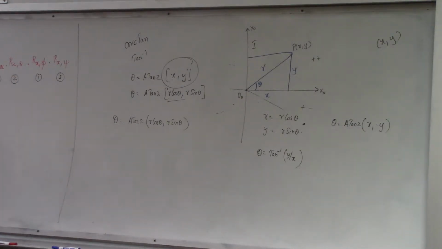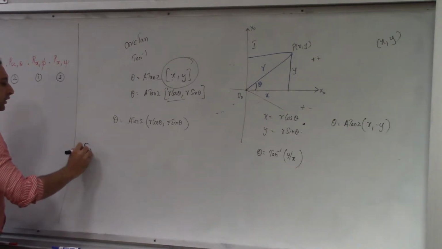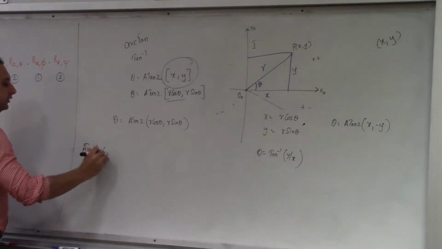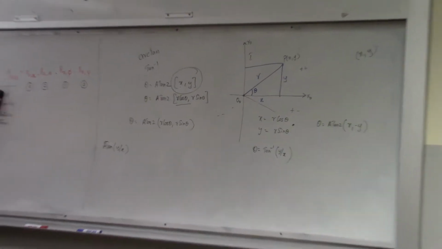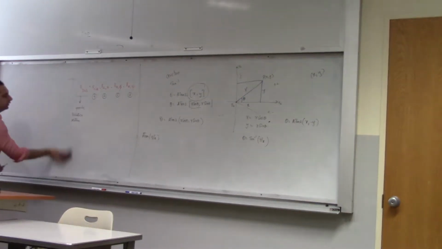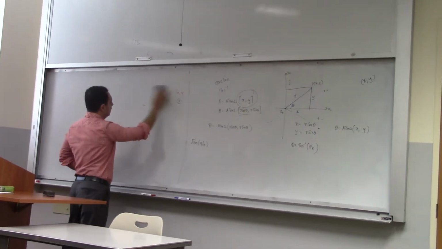The 2 means it's a different notation, as opposed to atan, which is the standard notation, y by x. So we'll use this form of notation to solve the inverse Euler problem.